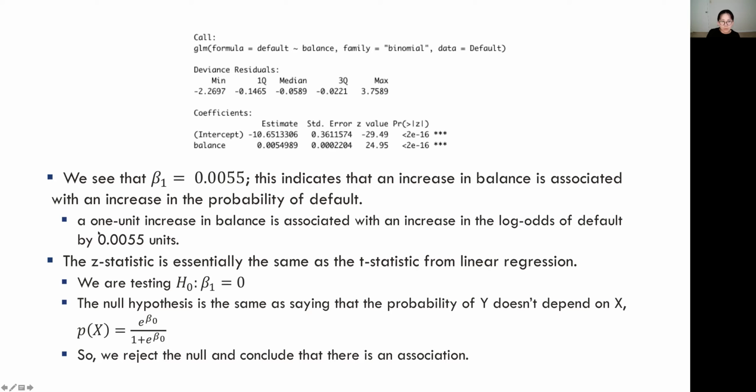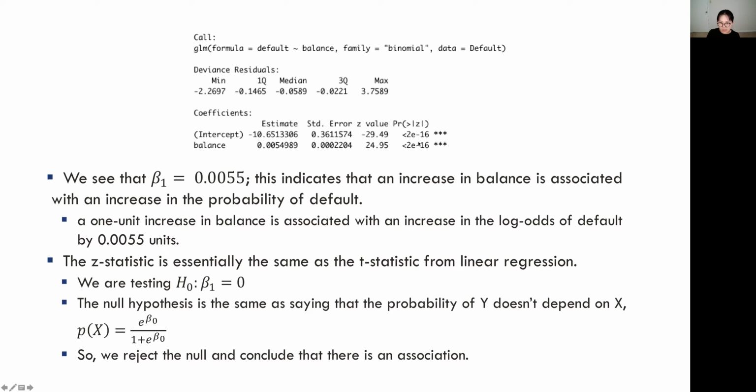A 1 unit increase in balance is associated with an increase in the log odds of default by this much. Remember, this is the log odds, because that's the new response you are fitting with this linear model.